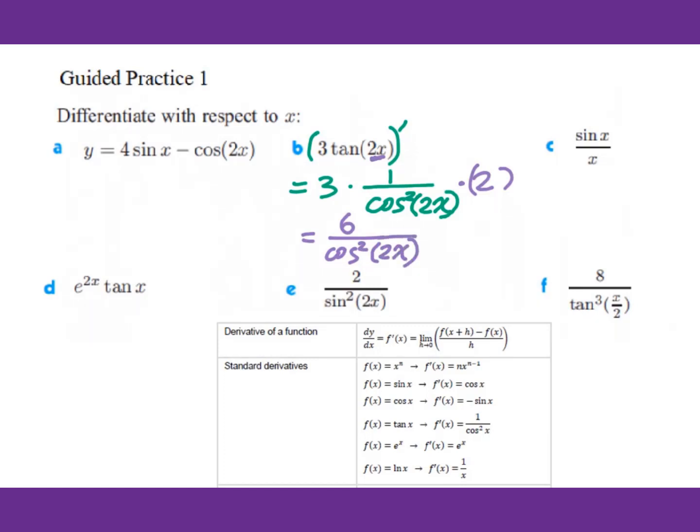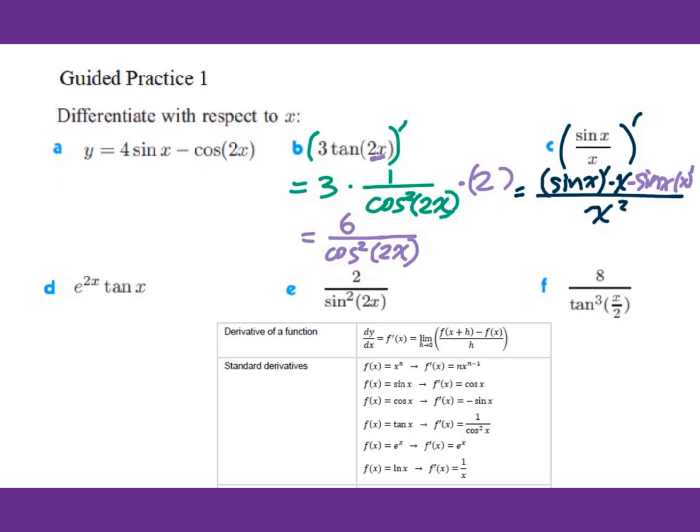Look at the C. You have to use the quotient rule because this is a quotient of two functions. Therefore, over x squared, you do the derivative of sine x times x, then minus sine x times the derivative for this x.